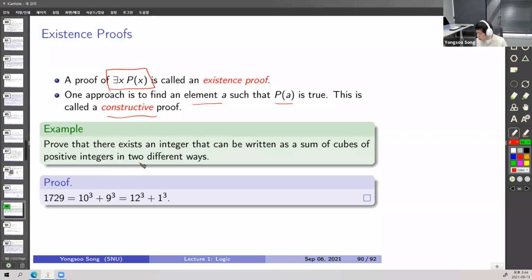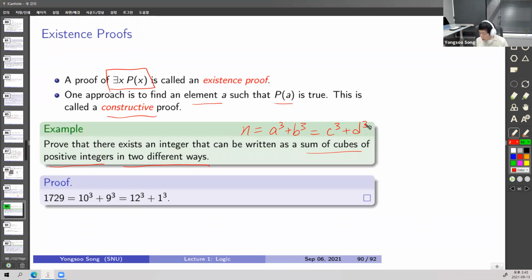Meaning that there exists an integer n. This n should be written as a sum of cubes of positive integers. So there should be integers a and b satisfying this equation, but in two different ways. So there should be another pair c and d satisfying this.